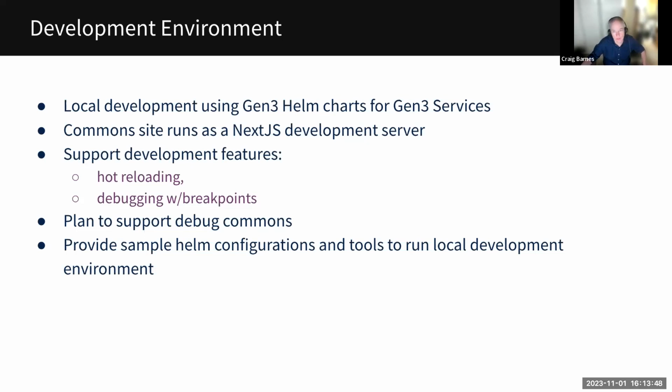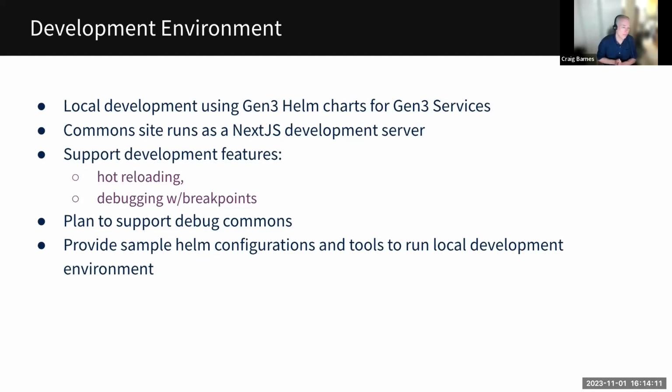Then your commons would run in development mode, as a Node, Next.js development server. You could then look at your site locally, and that nicely supports things like hot reloading and debugging with breakpoints, depending on your IDE.